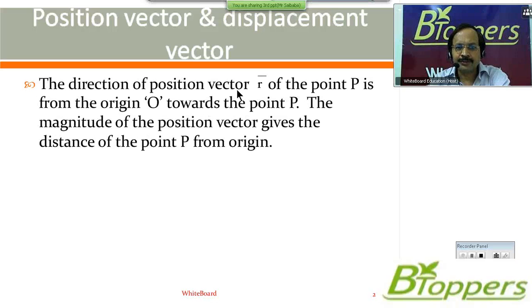The direction of the position vector R bar of the point P is from the origin O toward the point P.